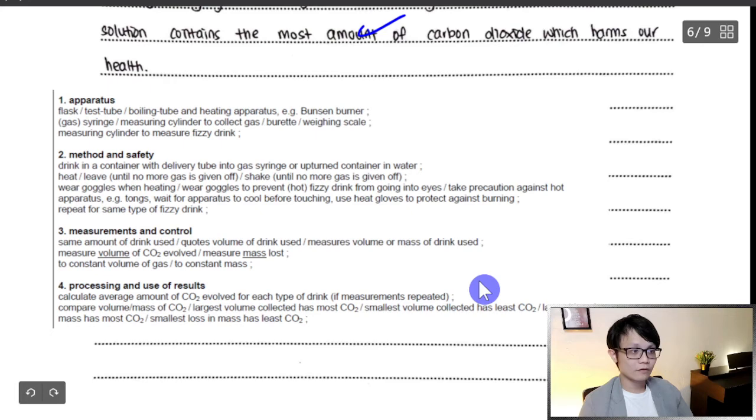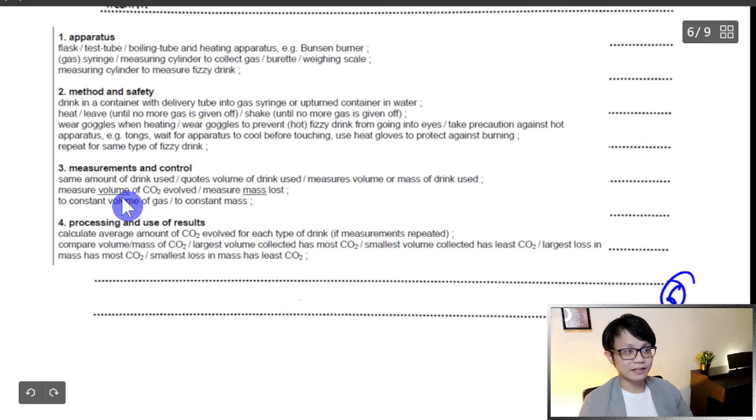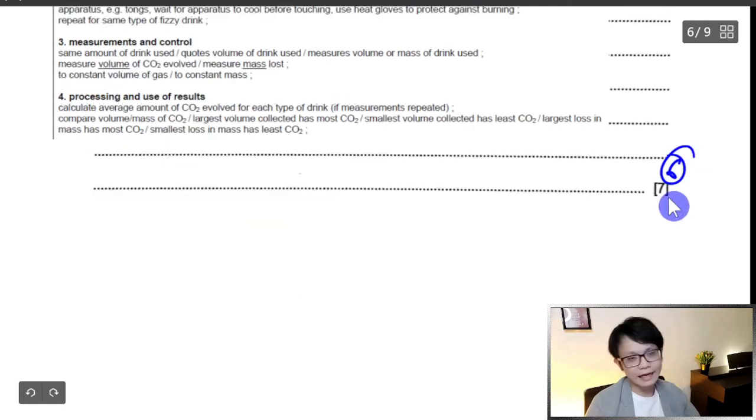So that's it. The highlighted ones are maybe more important, like measure the mass loss, measure the volume of CO2. Usually in marking, when they highlight or underline it, it means it is compulsory for you to answer that. But so far so good. You got 6 out of 7, which is still very good.